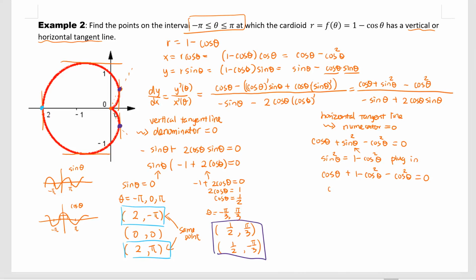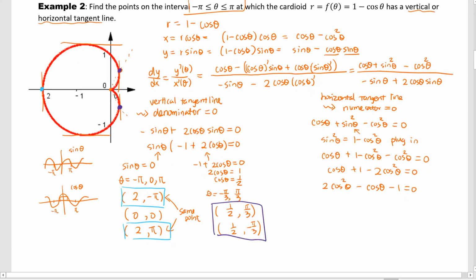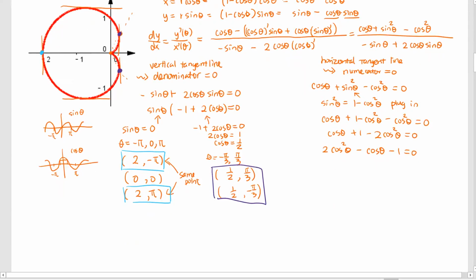Well, that's the same as cosine theta plus 1 minus 2 cosine theta squared. I would like to reorder it, and I want to make the leading coefficient positive. So I reorder it, and I multiply by -1 on both sides. So then I have negative cosine and minus 1. Alright. And now we want to solve.